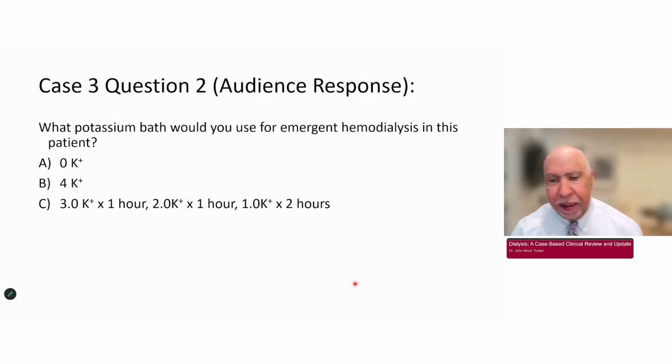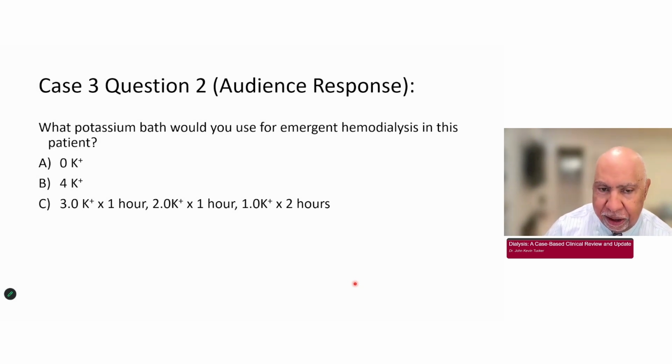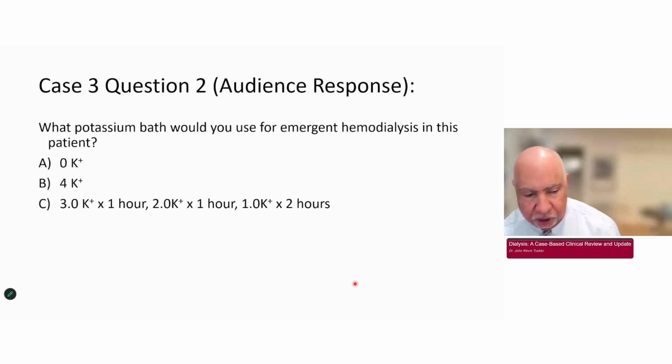So what potassium bath would you use for emergent hemodialysis in this patient? Would you use a 0 potassium bath, a 4 potassium bath, or would you do a 3K for an hour followed by a 2K followed by a 1K? Please vote.